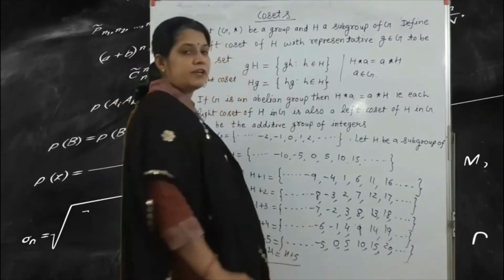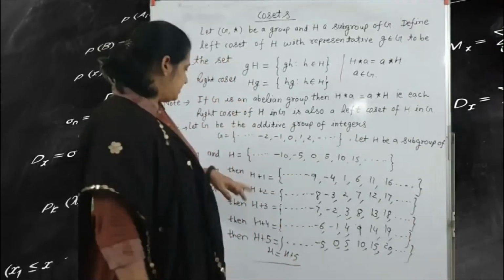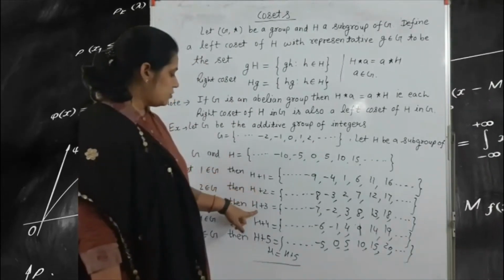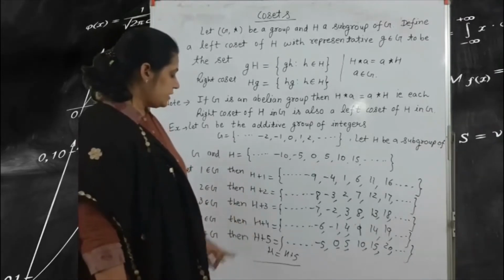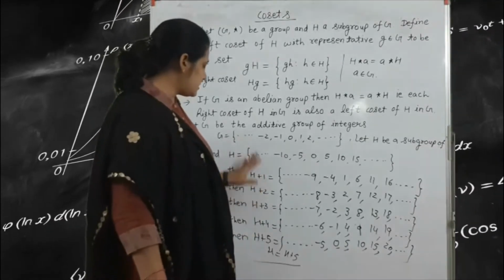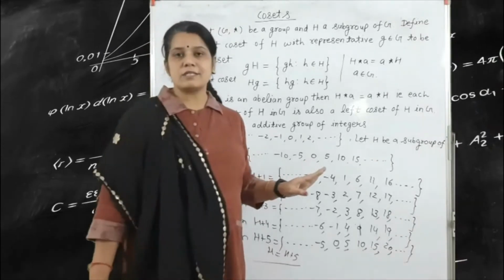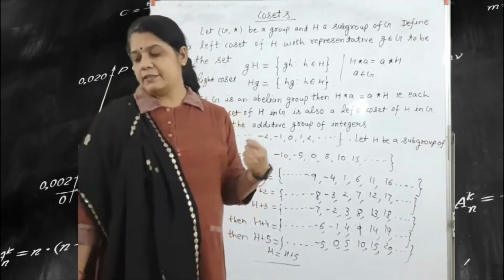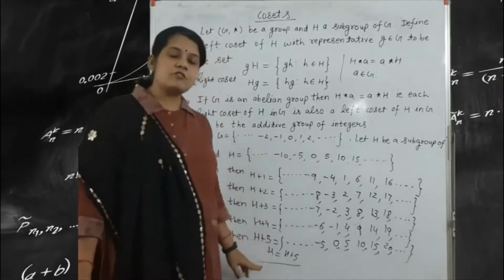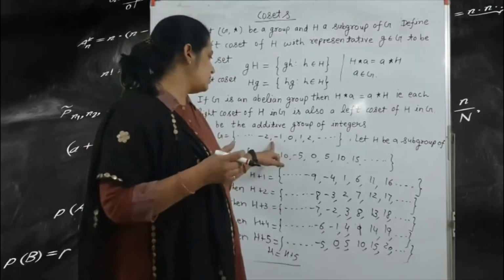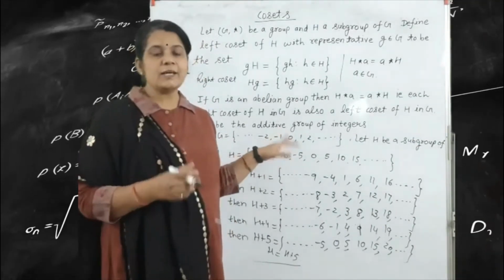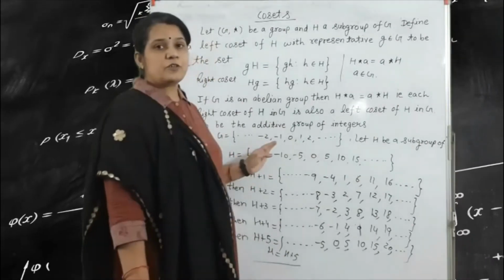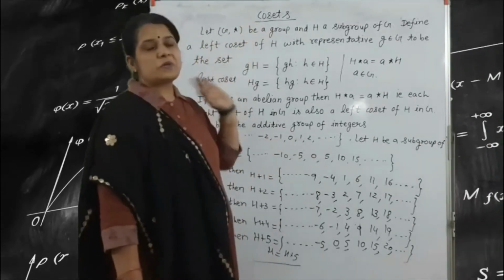If we find the union, that means H union H plus 1, union H plus 2, union H plus 3, union H plus 4, all these cosets we can say are pairwise disjoint cosets. And the union of all these cosets is equal to group G. Okay, so this is the example of the right coset.